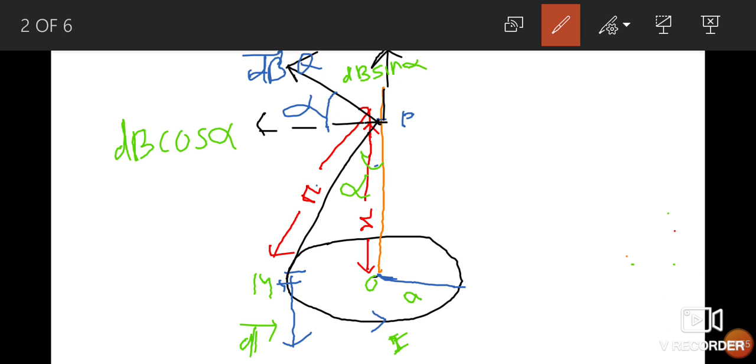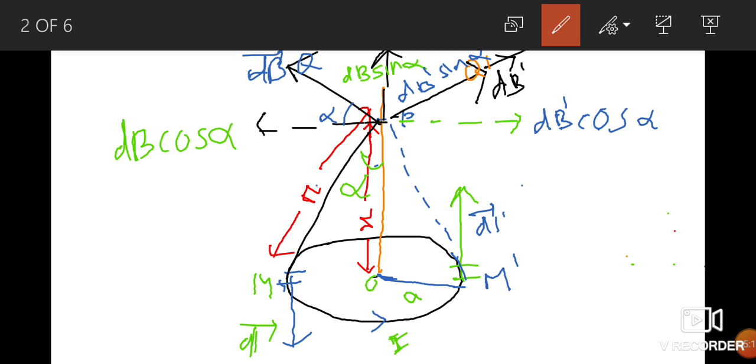We get dB cos alpha and dB sin alpha. Similarly, consider another diametrically opposite section dl dash at M dash, and we also get dB dash in the direction PQ dash.